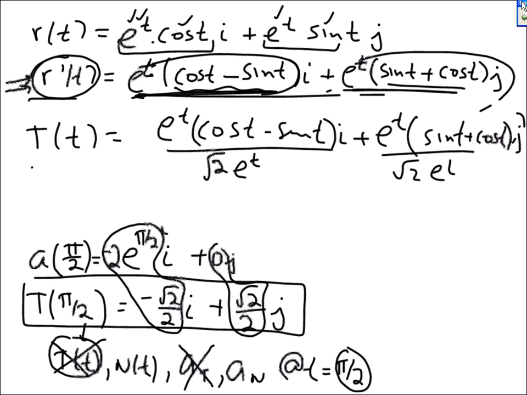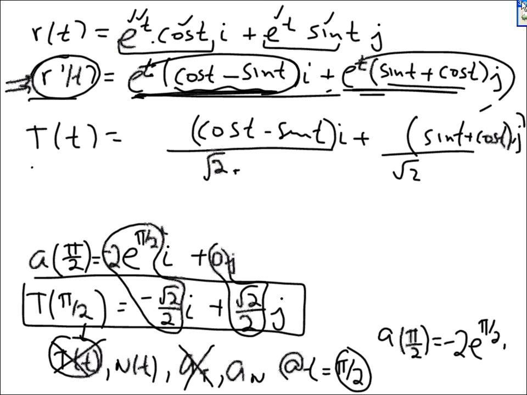There's no e to the t's left; they cancel out. That is r prime of t divided by the length of r prime of t. That's our T of t. I want to keep a of pi over 2 right here. It's negative 2e to the pi over 2 i plus 0j.